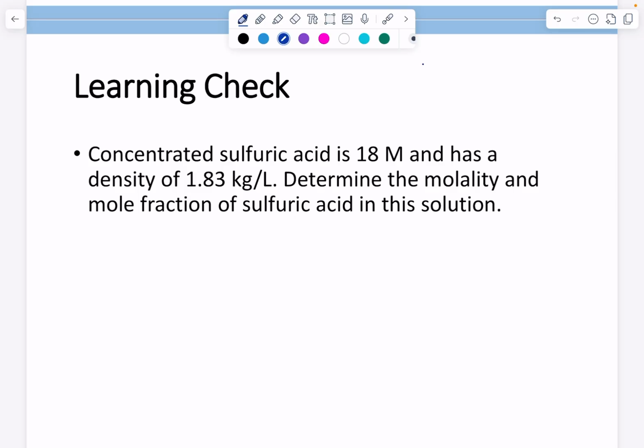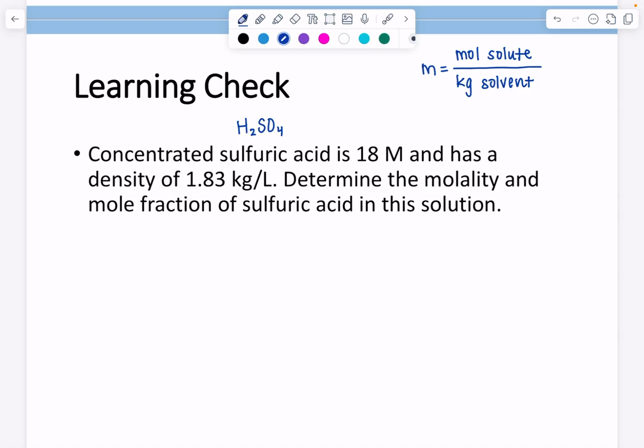Remember, this is moles of solute over kilograms of solvent. We know we have 18 molar sulfuric acid. By the way, this is H2SO4. And it is 18 molar, so we know 18 moles of H2SO4 per liter of solution, and then we've got the density.